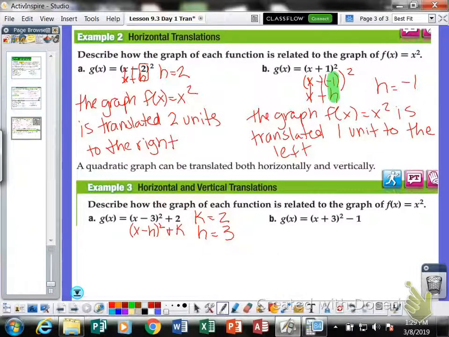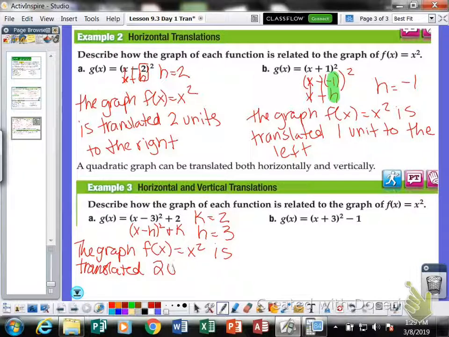So then what we say is the graph of f of x equals x squared is translated 2 units up and 3 units to the right.